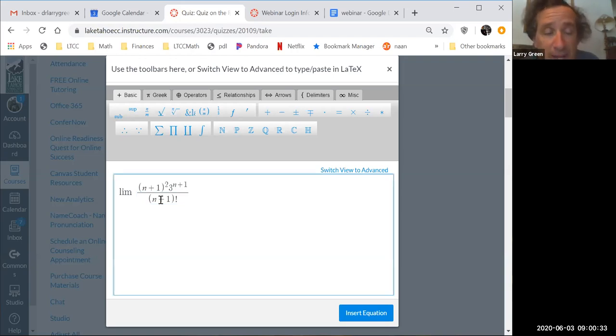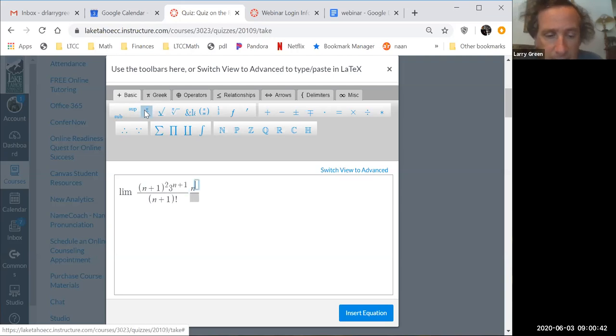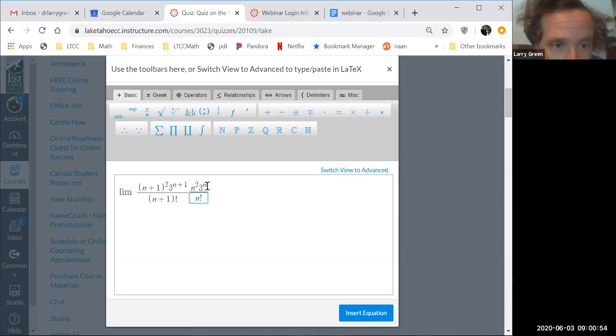And then we're going to multiply it by the reciprocal of an. And that's going to be the fraction n squared times 3 to the n divided by n factorial. Oh, sorry, I didn't do the reciprocal.